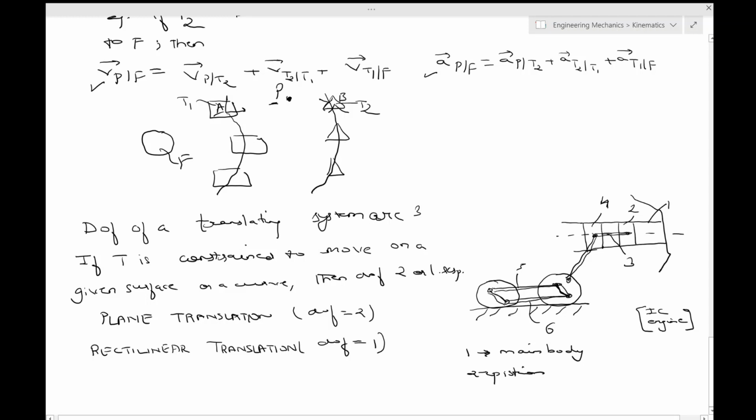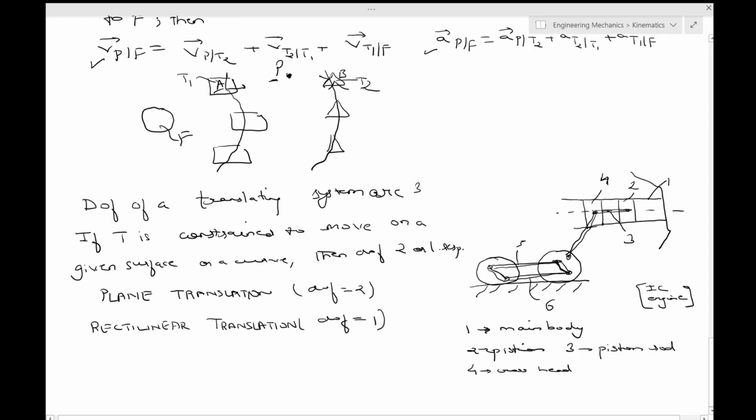So please do that. 3 is the piston rod, 4 is the crosshead, so all of these in the motion, and you will have to understand this motion. That's your sort of homework.